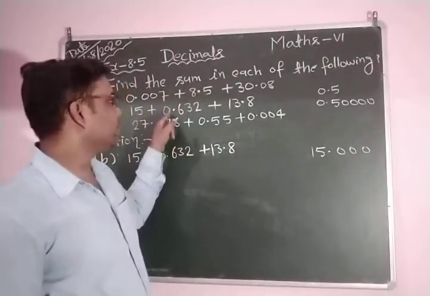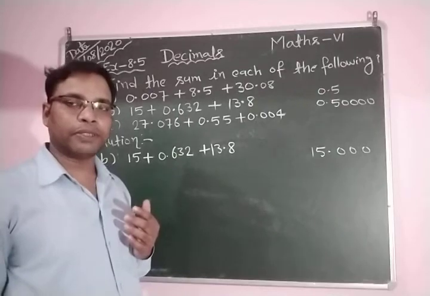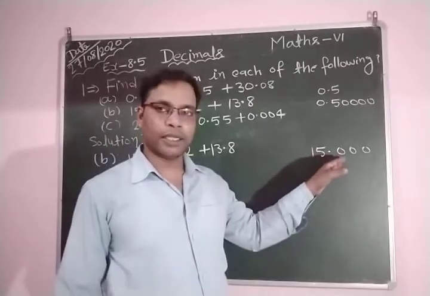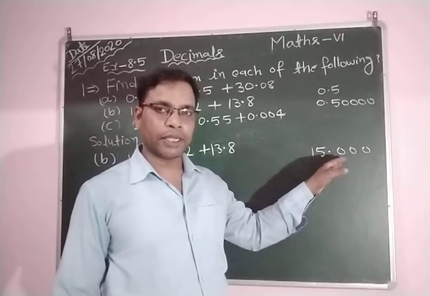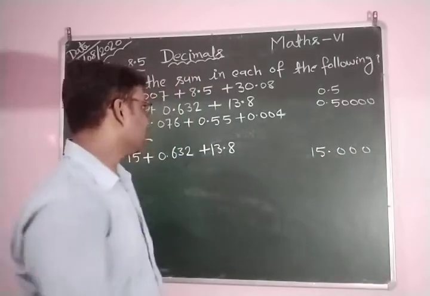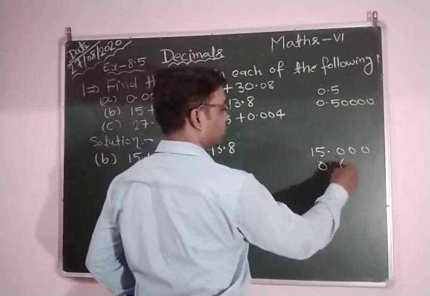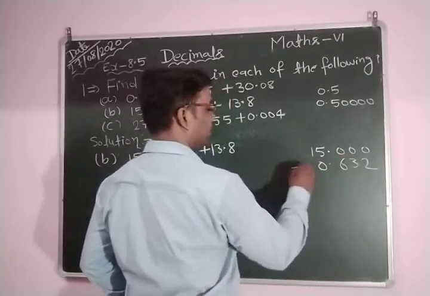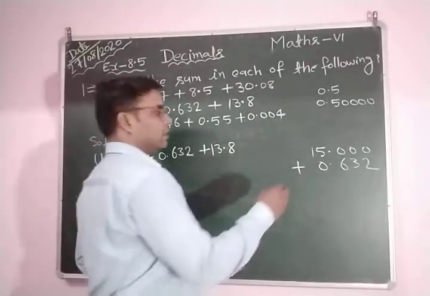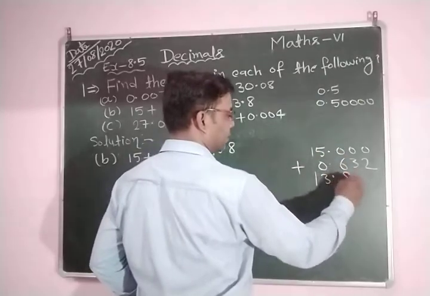Because in 0.632, after the decimal 3 digits are given, so we write 15 as 15.000. And next 0.632, plus 13.8.